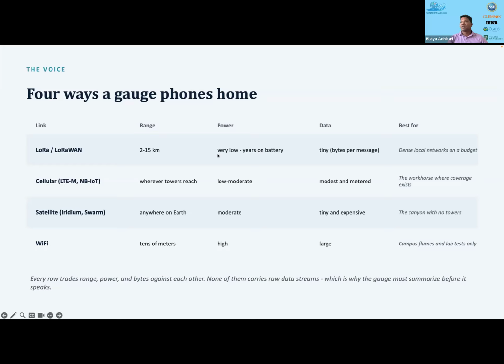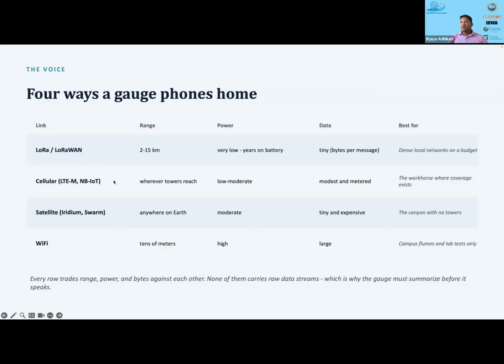It requires low power compared to other channels, but has a very limited bandwidth. It's best for dense local networks. We'll see some examples, like this Iowa river system gauges that we have. Here LoRa is fine, I think.